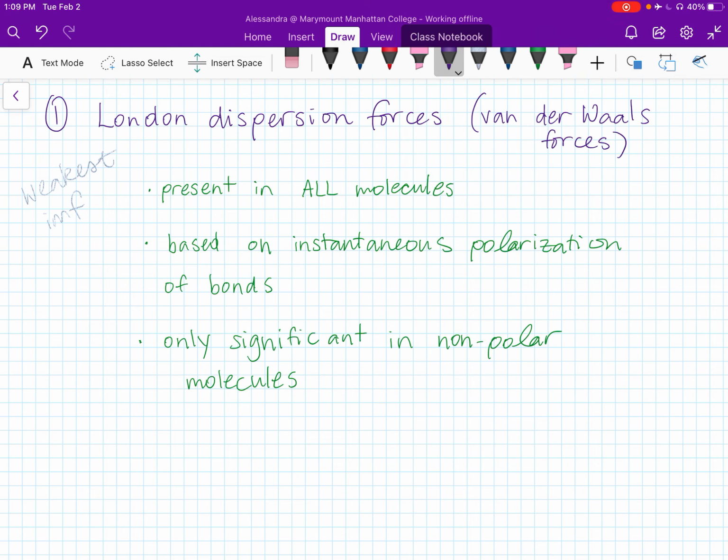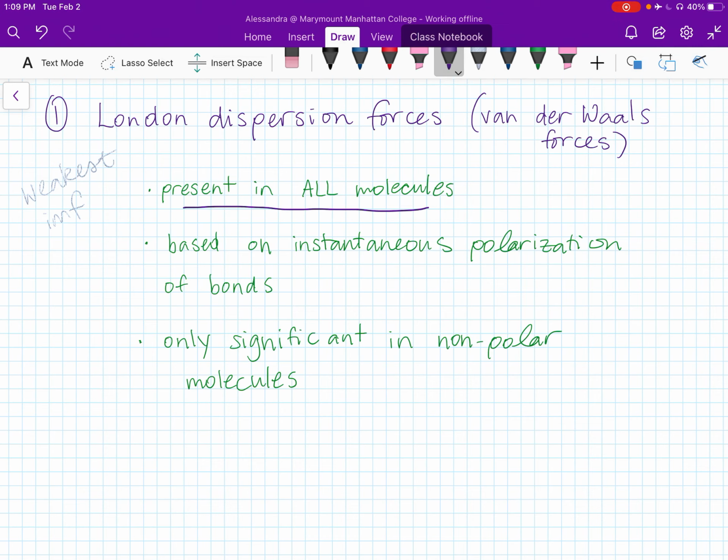These are ubiquitous, meaning that they are present in absolutely all molecules. All you need to have is electrons. And they arise because of what we call instantaneous polarization of bonds.